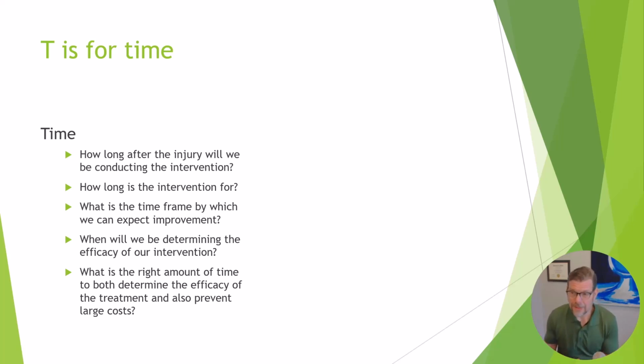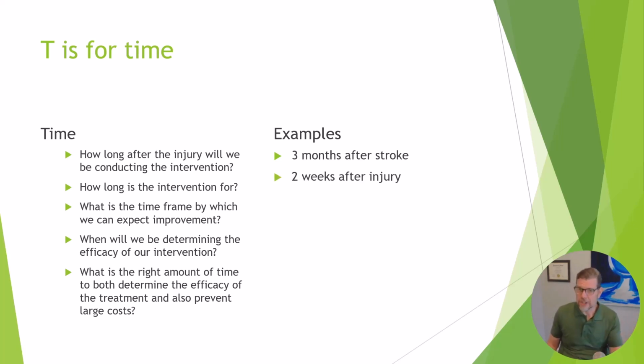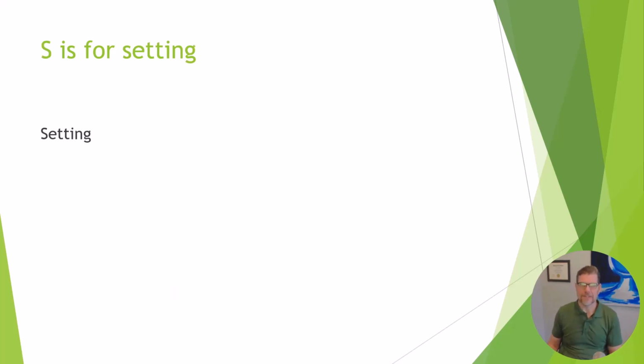Because it's one thing to go out and conduct a treatment over a week. It's another thing to do it over 12 weeks. It's a very different cost level, and we have to put those into consideration as well. Some examples: 3 months after stroke, 2 weeks after injury, 6-week intervention, 1 year intervention. These are all examples of time interventions.